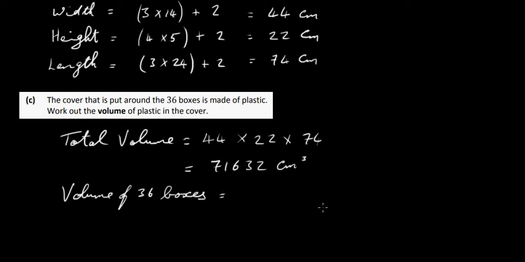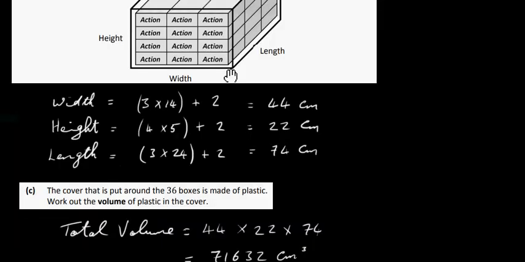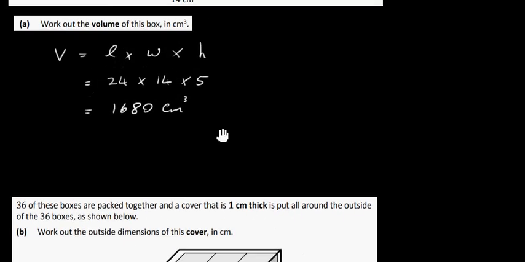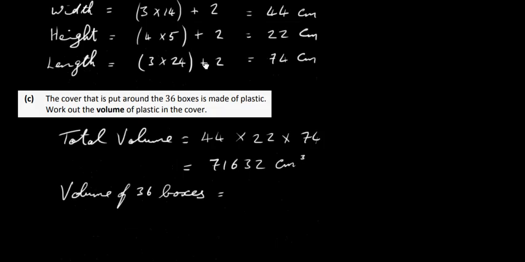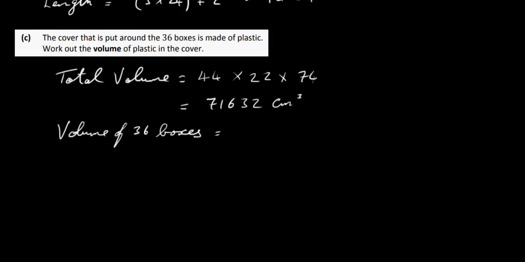Now we want to work out the volume of the 36 boxes. We've worked out, up here somewhere, the very first thing we had to do was work out the volume of one of the boxes, so it's 1680. All we've got to do is take that 1680 and multiply it by 36. If you do that, you get 6480 centimeters cubed.